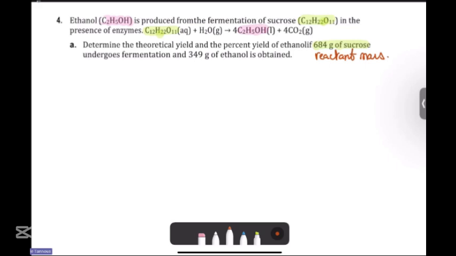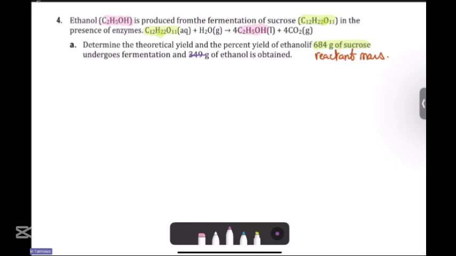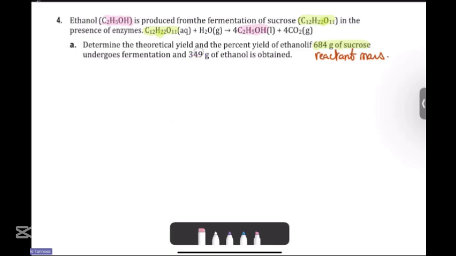And ethanol is this one, highlighted in pink. So that's the actual yield. Usually in the question, they give you the molar masses. So let's do the solving.